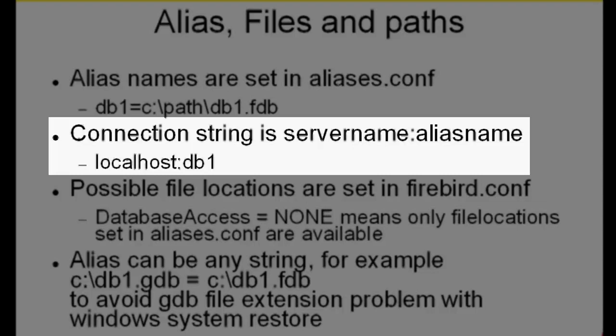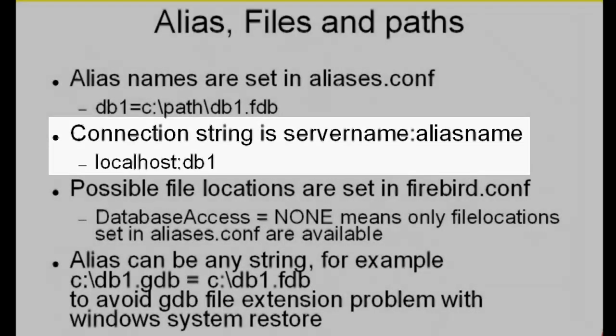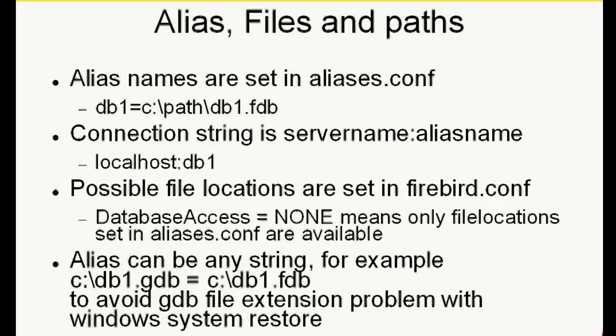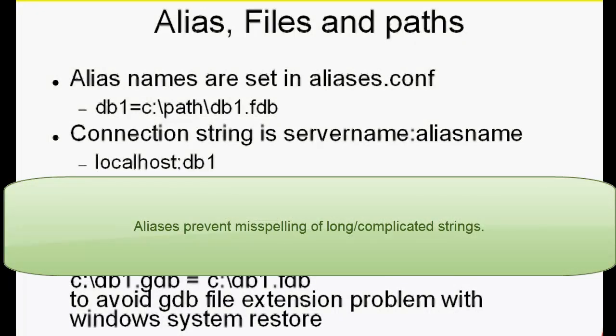There are a number of reasons why it is better to use an alias instead of the full connection string. In earlier versions of Interbase, you could have connection strings with spaces in, and the spaces would get removed and the Interbase server engine would think that they were different physical databases, which is bound to corrupt your transaction page straight away.